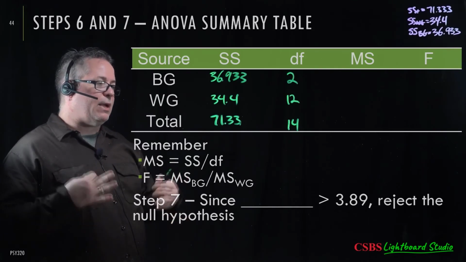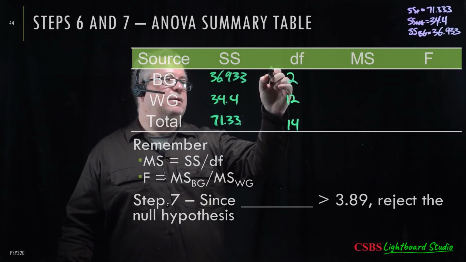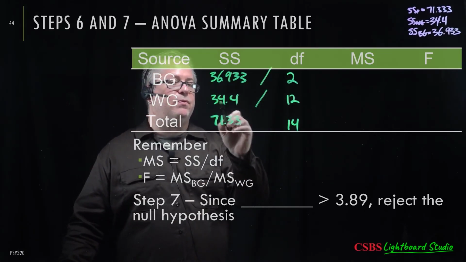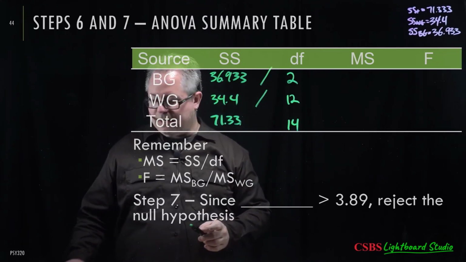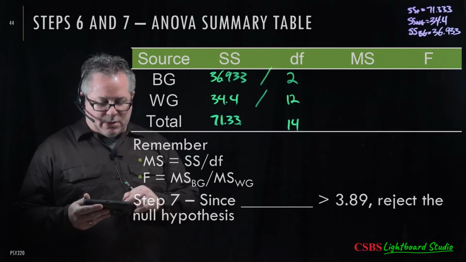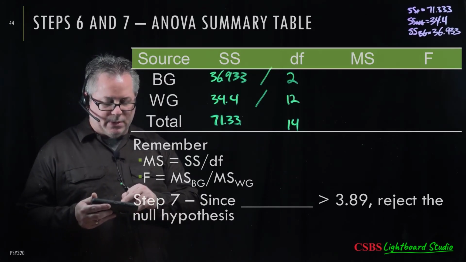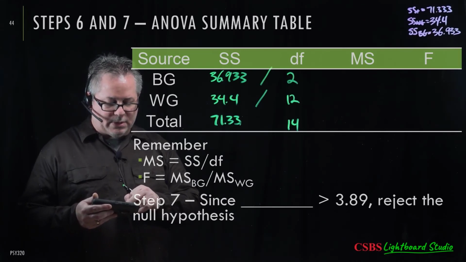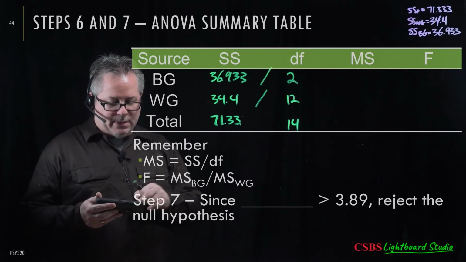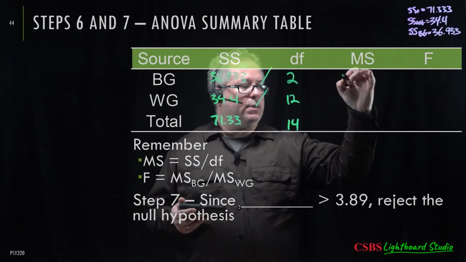So now we have this first part together. If I take 36.933 divided by 2 and 34.4 divided by 12, I get the mean square between and mean square within. 36.933 divided by 2 equals 18.467.